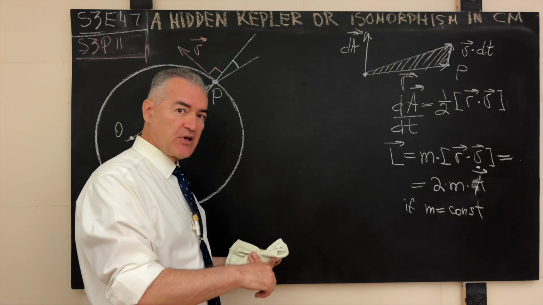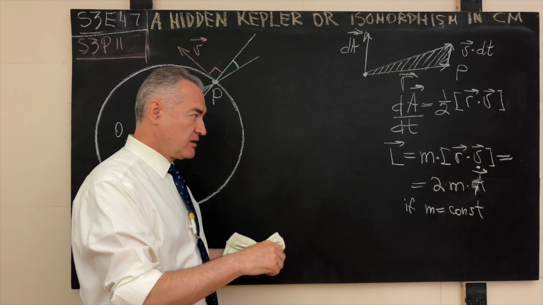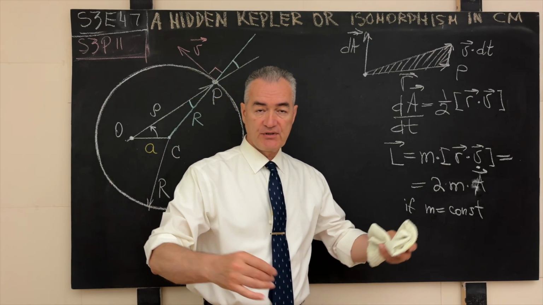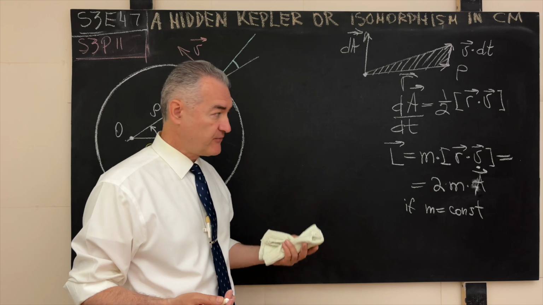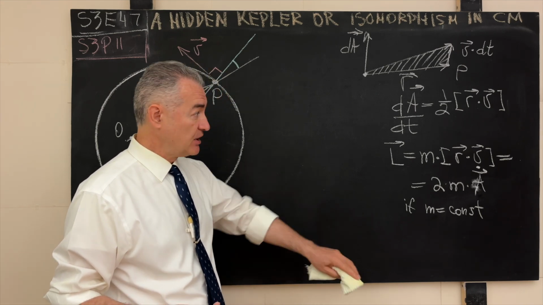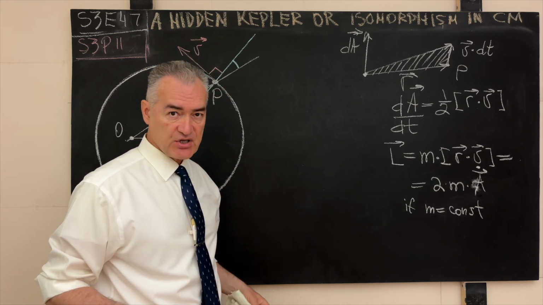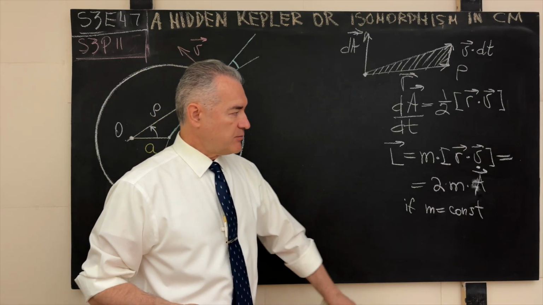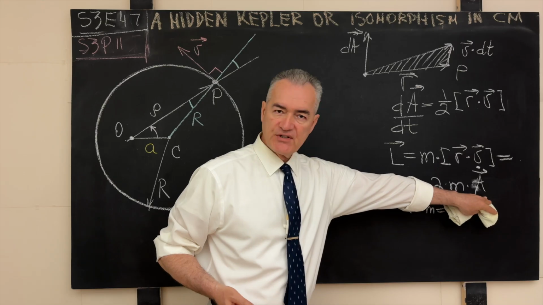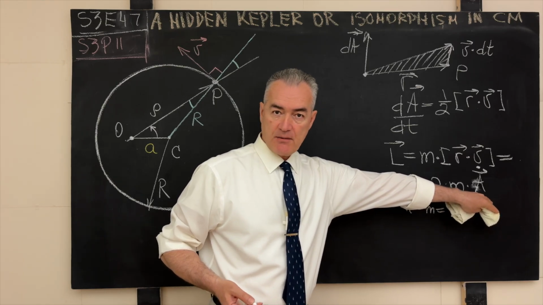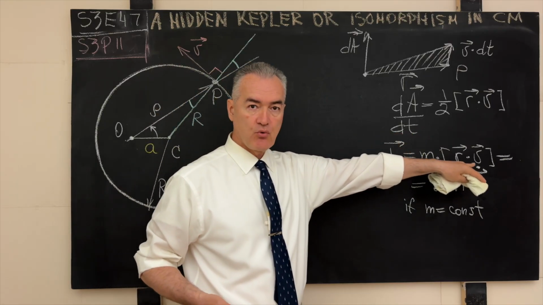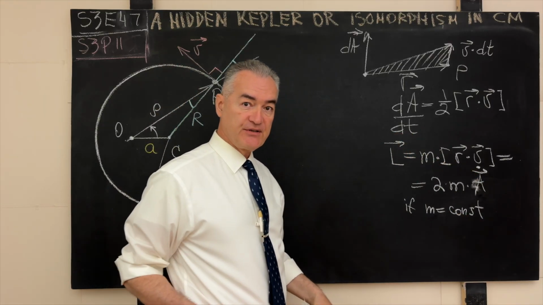It may be closed, it may be not closed, it may be not closed in a finite area, or it can be not closed in an infinite area, but fundamentally the motion unfolds in this case when the angular momentum doesn't change over time in a plane. That's number one. Number two, that means that if the magnitude of this vector remains the same, then that means also that the radius vector of a moving point sweeps equal areas in equal times.